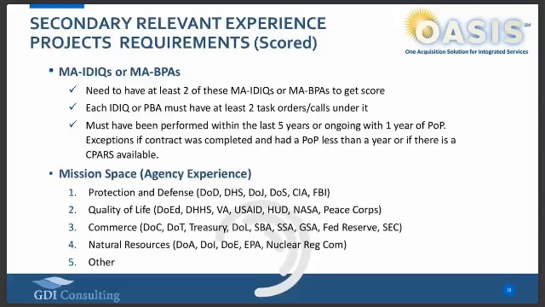So if you have between 2 to 4 multiple award IDIQs or BPAs, you get a score. If you have between 5 to 9, you get more score. And if you have above 10 multiple award IDIQs or BPAs, and each of them, remember, need to have at least 2 task orders, you get some score, but the score is not high. We'll see how high it is.